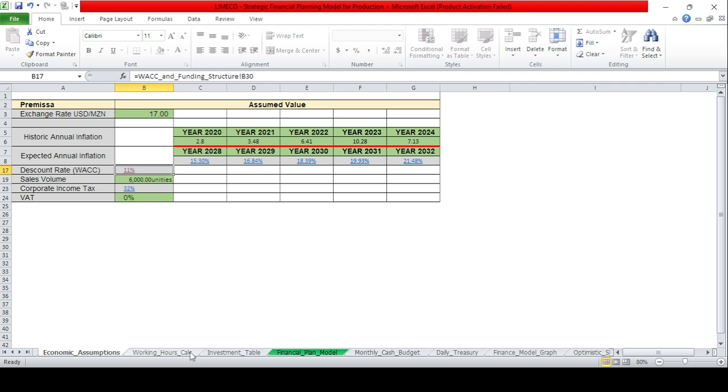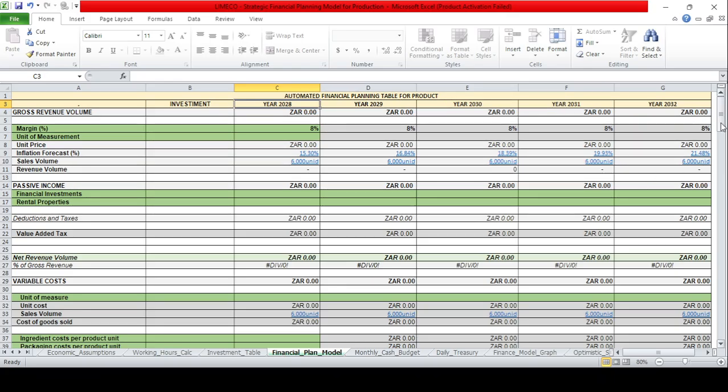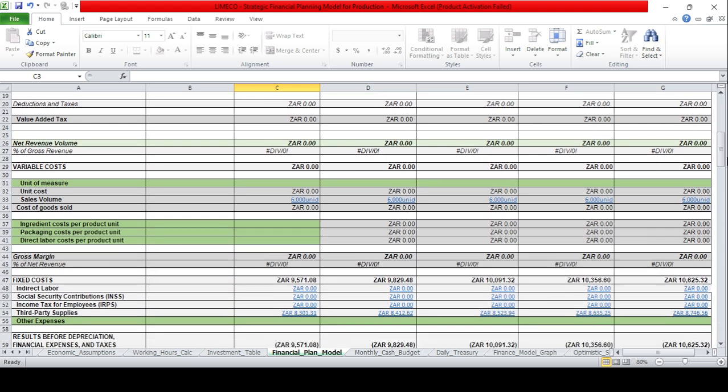Now we go to the financial planning. Firstly, we insert here ingredients costs per product unit.